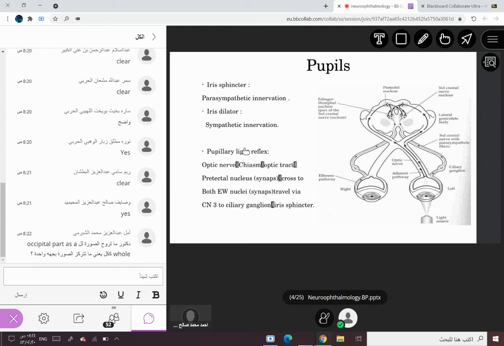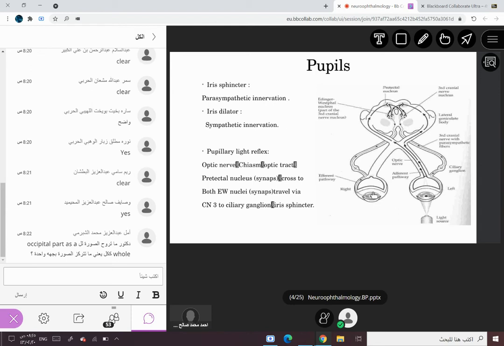Okay, let's take the components of the pupillary light reflex. Again, in this example, as if you are examining your colleague, a patient, or a candidate. You see, this eye is what? This is the right eye, and this eye is the left eye.